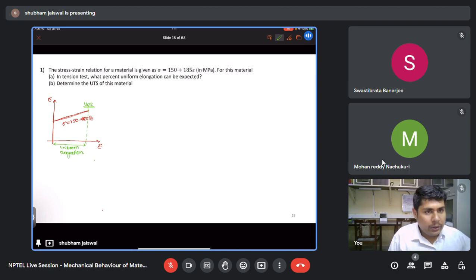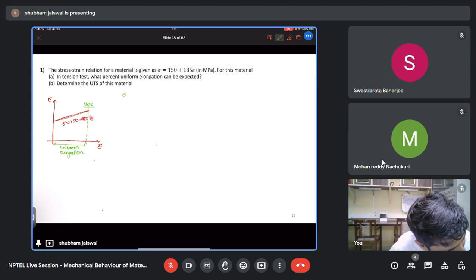Let's solve this question together. So what they have given: sigma is equal to 150 plus 185 epsilon.